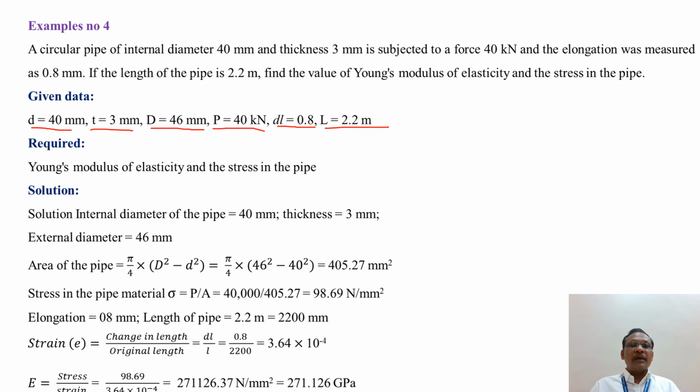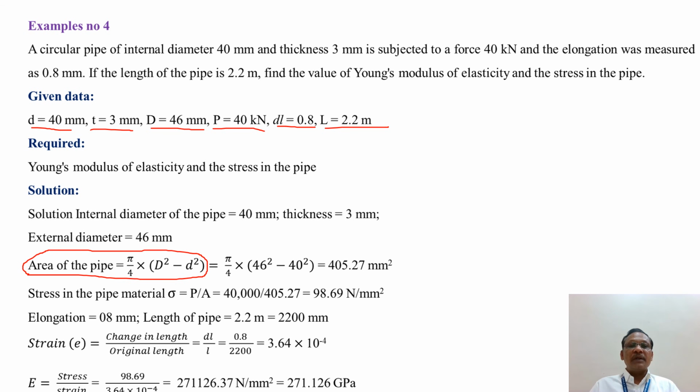While you are solving this example, you calculate the area of the pipe. The pipe is circular, so the formula is pi by 4 times external diameter square minus internal diameter square. Here the internal diameter is given as 40, so 40 plus 3 plus 3 is 46, which becomes the external diameter.